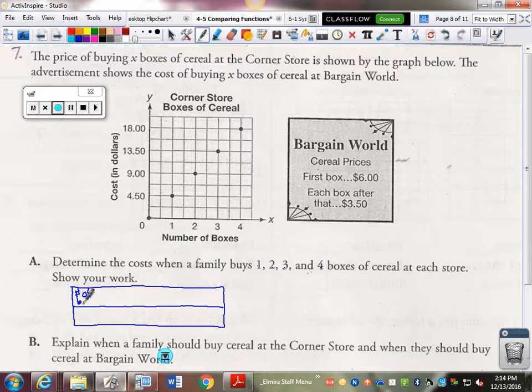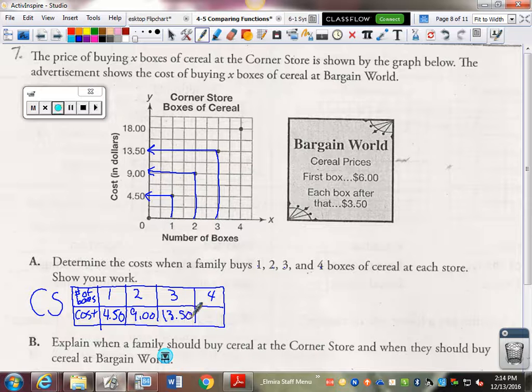Number of boxes and cost. 1, 2, 3, 4. So this is corner store. 1 box of cereal costs $4.50. 2 boxes of cereal cost $9, which makes sense. $4.50, double it, $9. 3 boxes of cereal is $13.50.